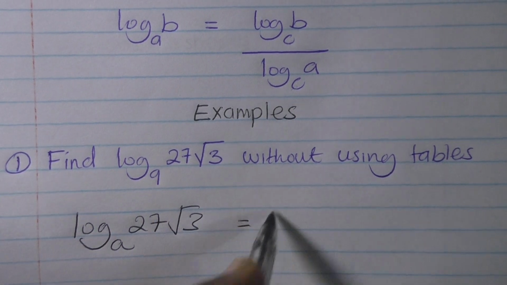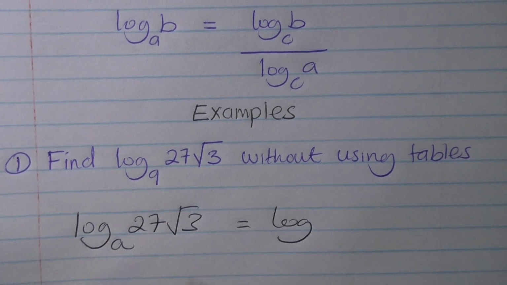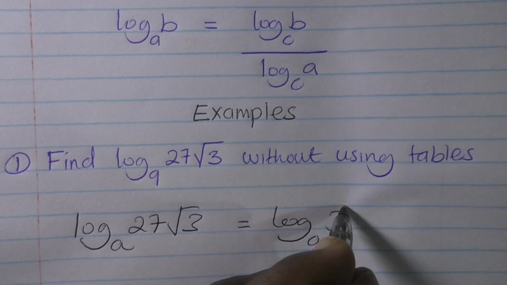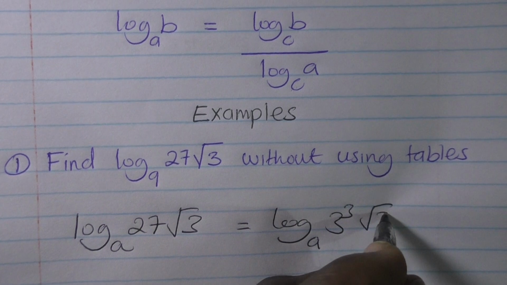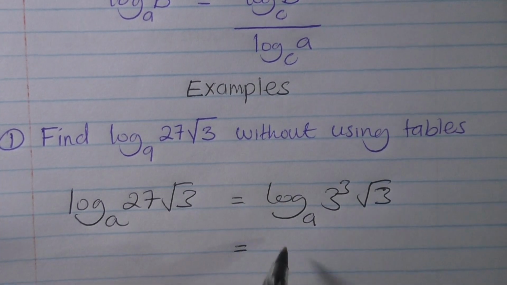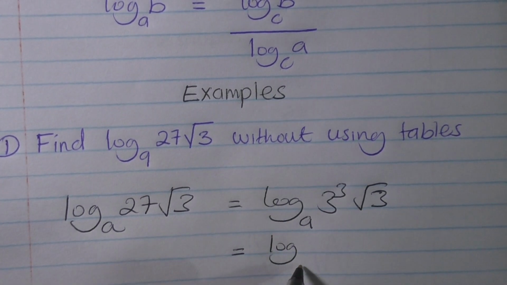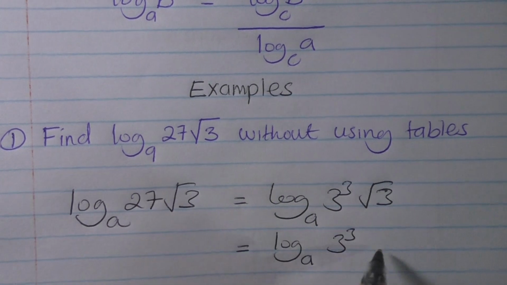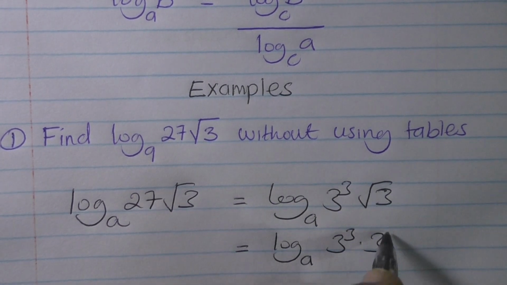We can express this as 3 power 3 root 3. But don't forget that root is power half, the square root. That is 3 power 3 times 3 power half.